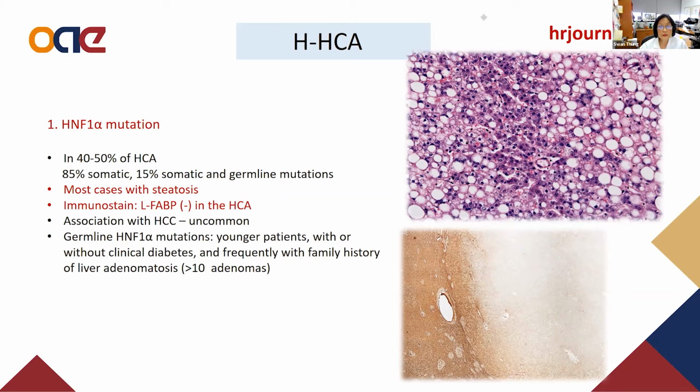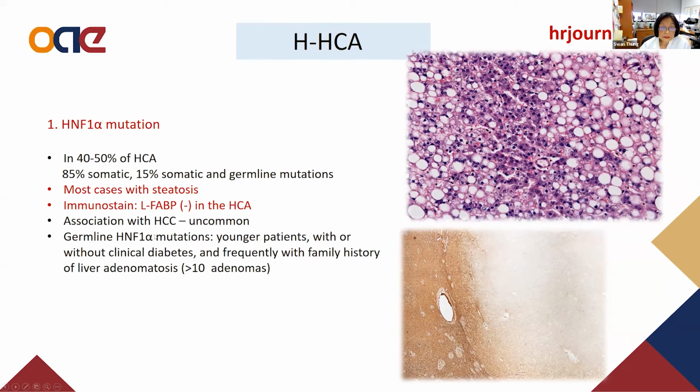So I will start with the first one, which is the H type. In this subtype, the adenoma has an HNF1 alpha mutation. It represents a large number of adenomas. Most cases show, as you can see here, steatosis.